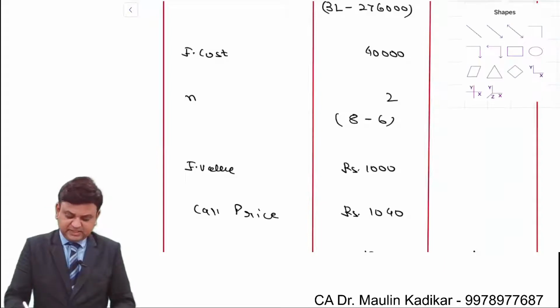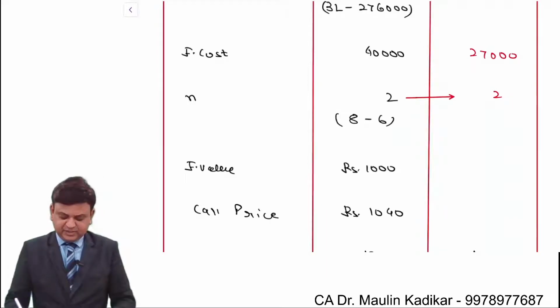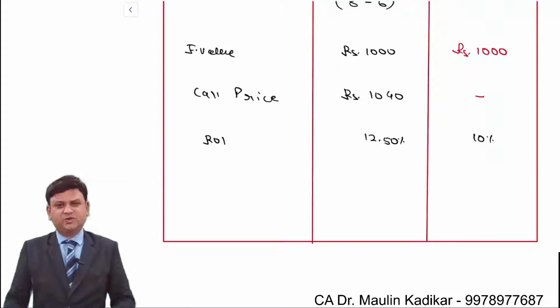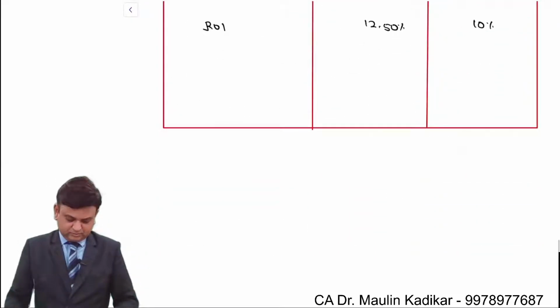Face value will be considered as rupees 1,000. It may happen that the face value information may not be relevant to us. There is no question of the call price in that case.